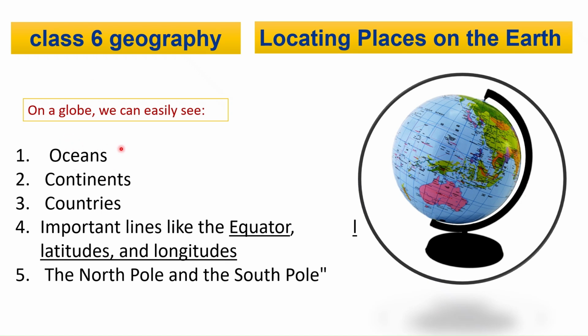On a globe, we can easily see oceans, continents, countries, and important lines like the equator, latitudes, longitudes, the North Pole, and the South Pole. So if we want to study the whole earth, we use a globe, but if we need detailed information like country, village, city, we use a map.